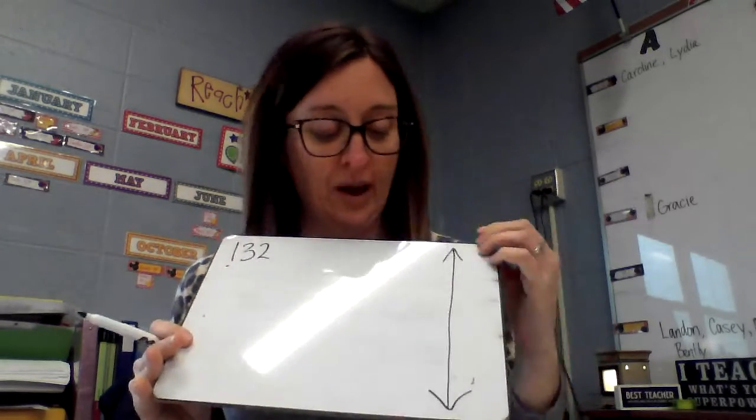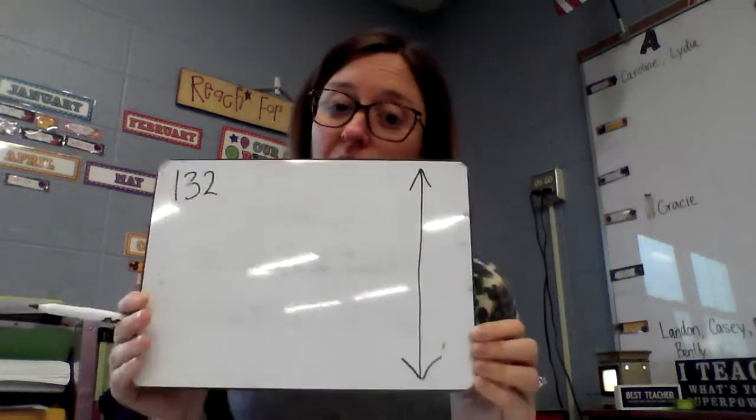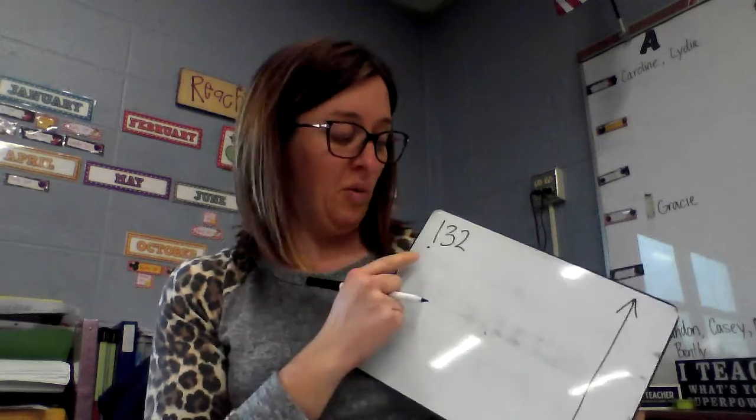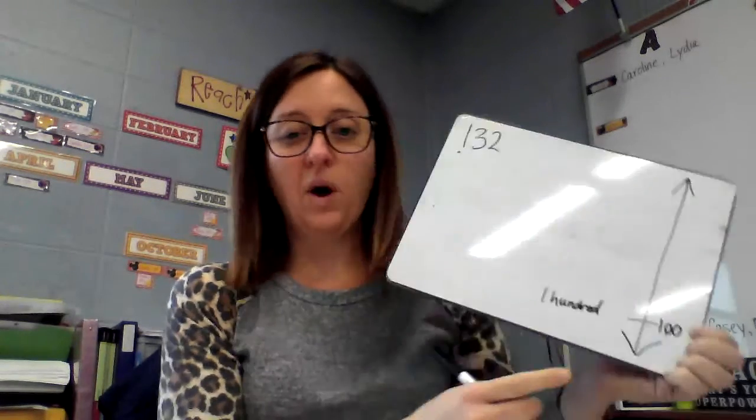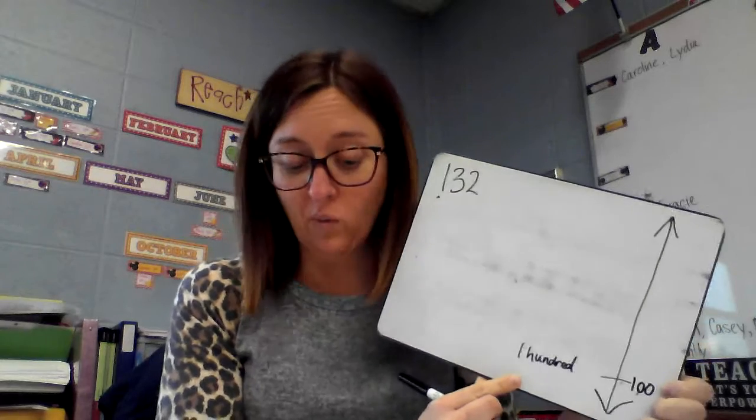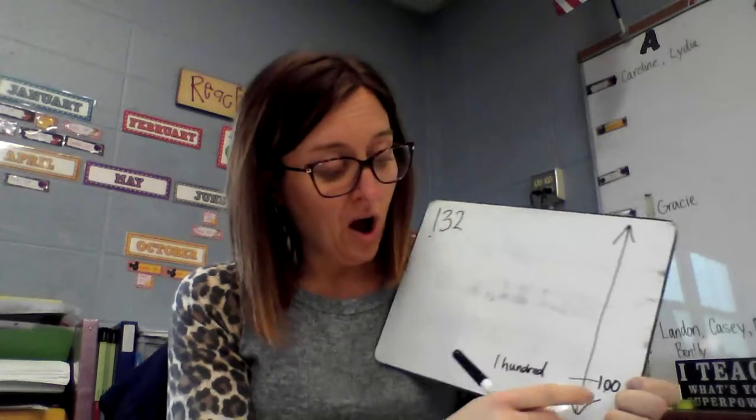So I've got my number line, and I'm going to show you both ways to do it. If we do it by a number line, there's 100 and 132. What is 1 more than 100? Or 100 more than 100?